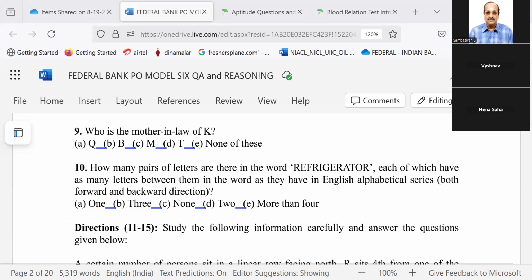So here they want you to find out the number of pairs which have the same gap as you have in English. For example, EFG. Tell me the number, only 3 or 4, or more.